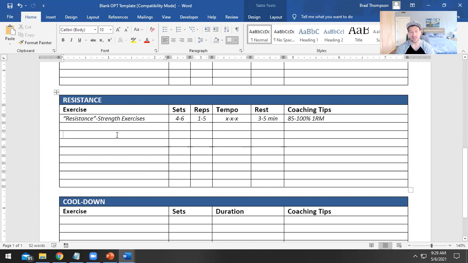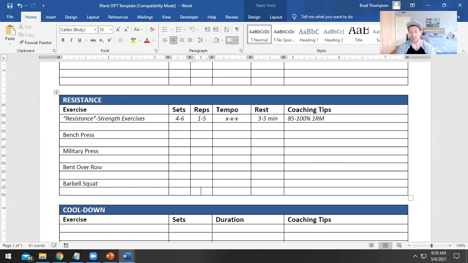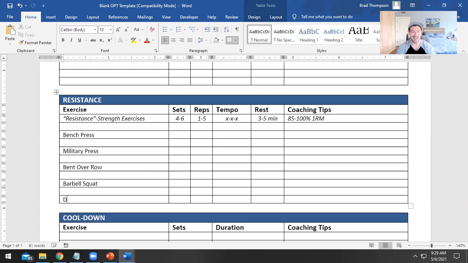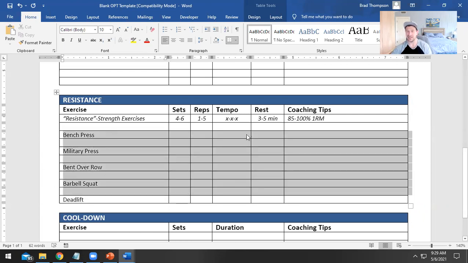The classic program for this is bench press, military press, bent over row, barbell squat, and then honestly, you need to get the deadlift in there. This is kind of the classic. This is like the old school powerlifting routine.